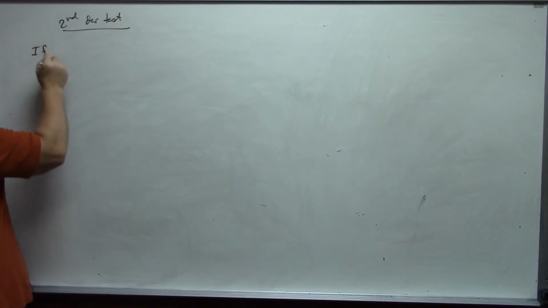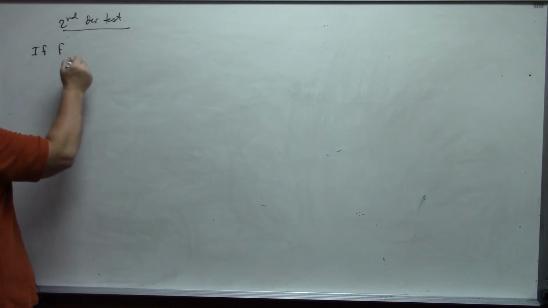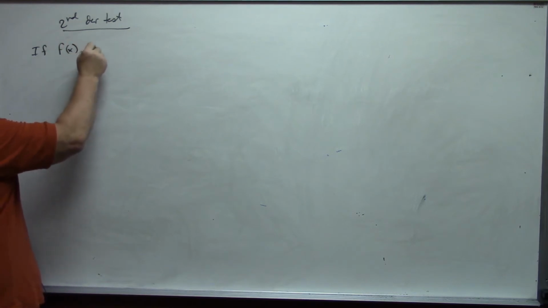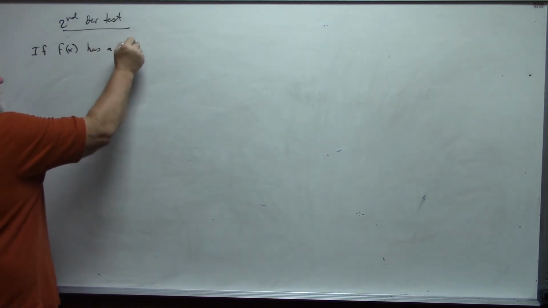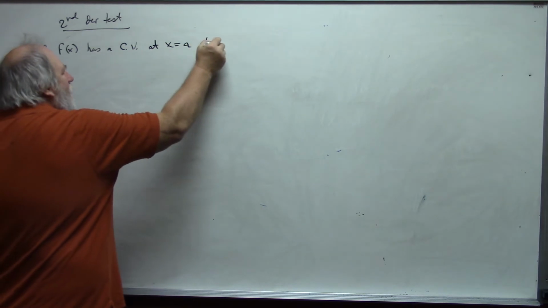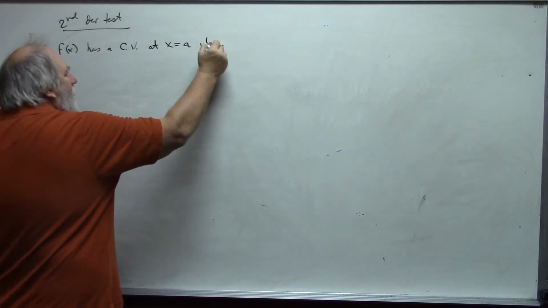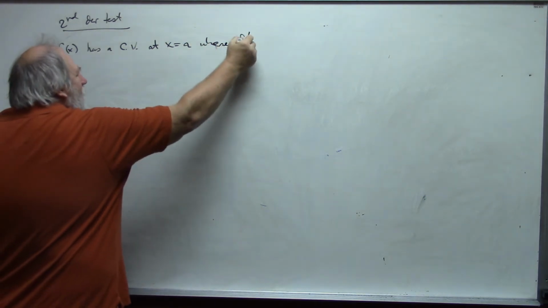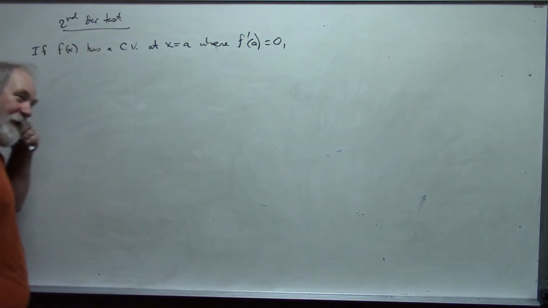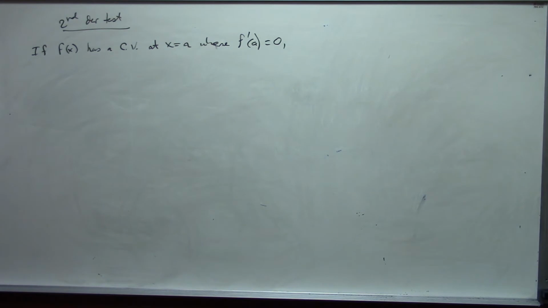The second derivative test says if f of x has a critical value at x equals a, where f prime at a is equal to 0, a critical value where the derivative is 0, and there are three parts.